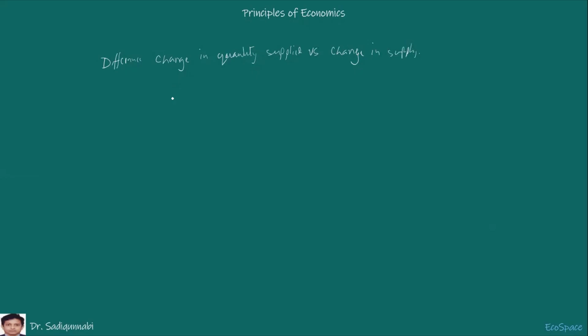So again, the same idea is applied. When QS is a function of only PX and ceteris paribus, then we have two variables at a time, and these are inside the PQ space. So the change in price and change in quantity is there. So we can draw a line, and this line is called movement.